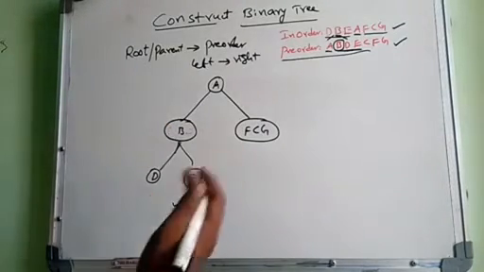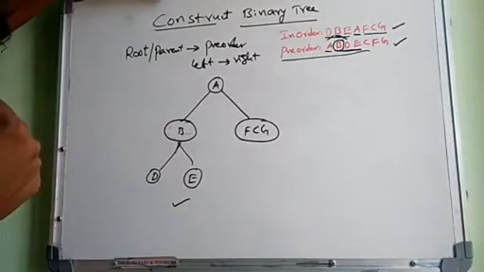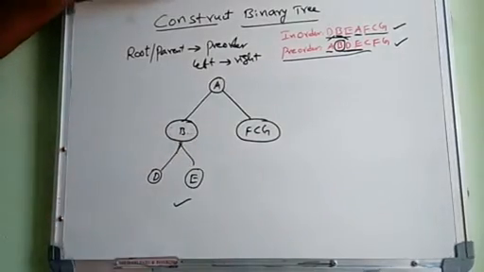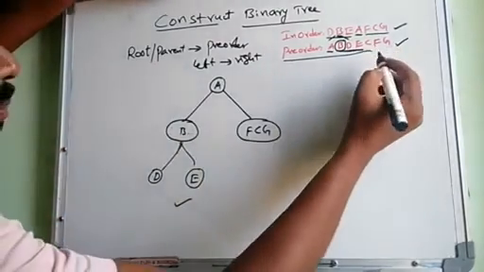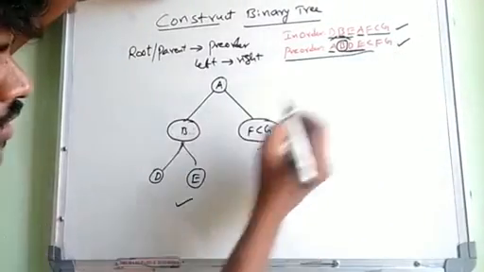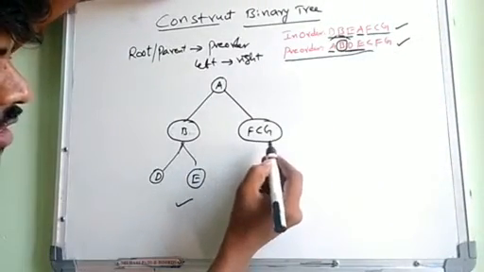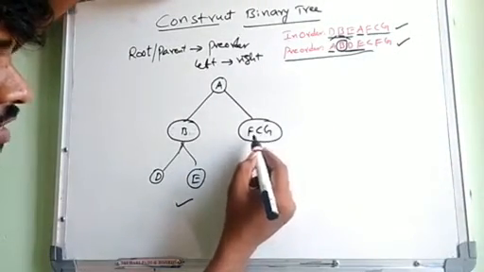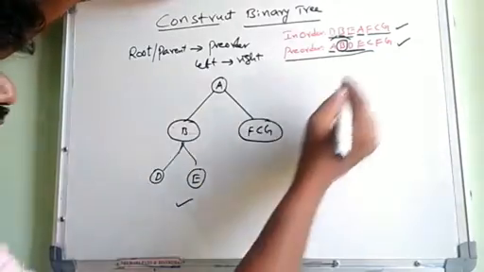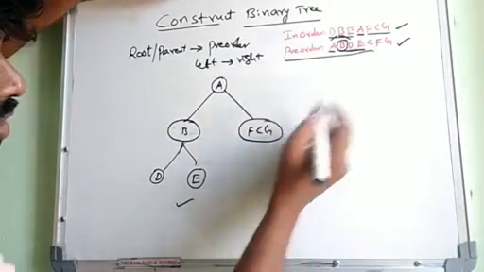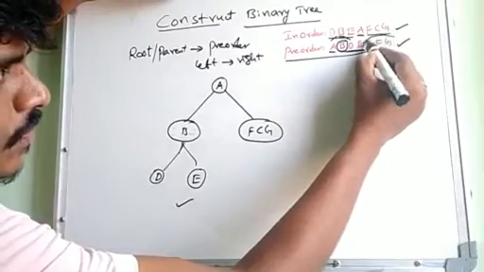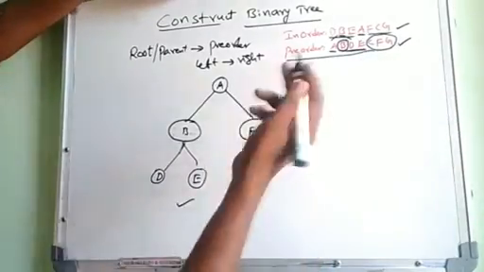Go for the right subtree. The right subtree is again a combination of three nodes, so again go for pre-order to find the root. The three combinations could be FGC or CFG or any such order. Here the combination is CFG. So what is the root here?